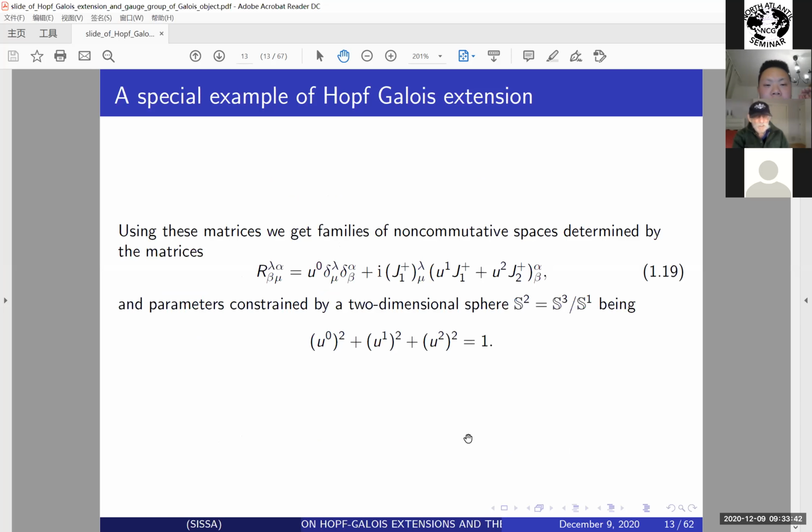Okay. And now using this, we can get a special commutation relation R matrix.